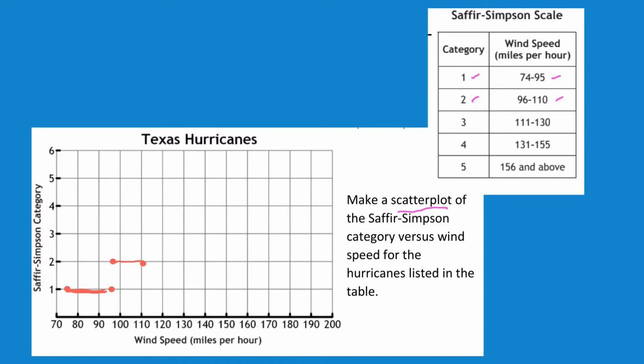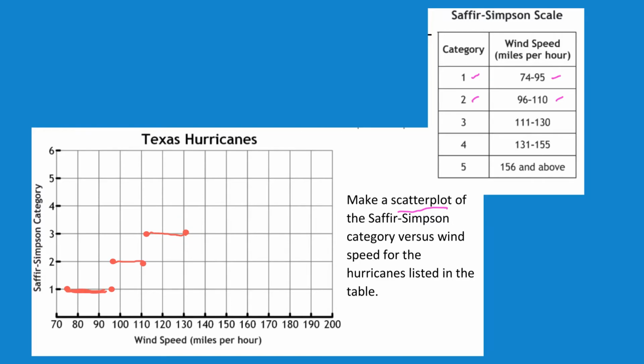So grab my solid point, go to 111. So it's going to be a little bit more than 110. And then let's grab another point and we'll put that at 130. Again, category 3 is everything in between those 2 dots. So we want to connect them as well.